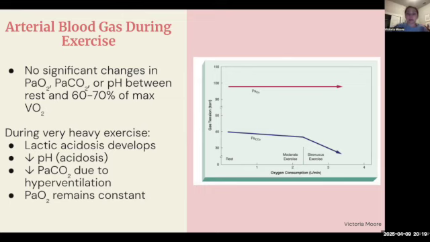But during very heavy exercise, for example, a marathon that I keep using, you have lactic acidosis develop. So since you're working harder, your lungs and blood are having to keep up, and you enter an anaerobic threshold, and so your muscles will start producing lactic acid, and that will lead to you being in an acidosis state. So the pH will drop, and your blood will be more acidic, and your CO2 in the arterial blood will also drop because your body responds by breathing faster, trying to blow off CO2.